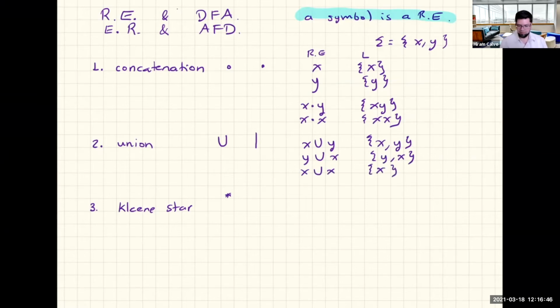And finally, the Kleene star looks much more interesting because we already know that it means zero or more occurrences of the language that is before it.